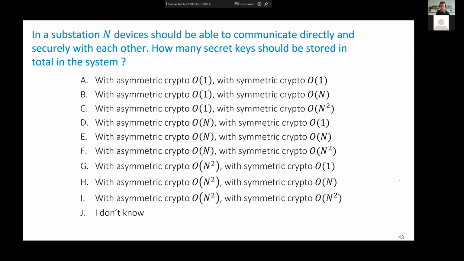I close the poll in a few seconds. The majority says F, and that's the correct answer. With symmetric cryptography, we need a secret key for every pair of devices here, so order of n squared. With asymmetric cryptography, we need a key pair only for one end, for the receiving system, so only order of n. That's one of the benefits of asymmetric cryptography.